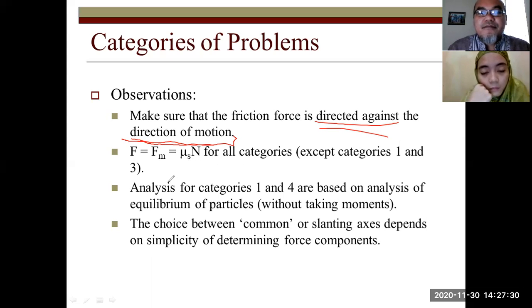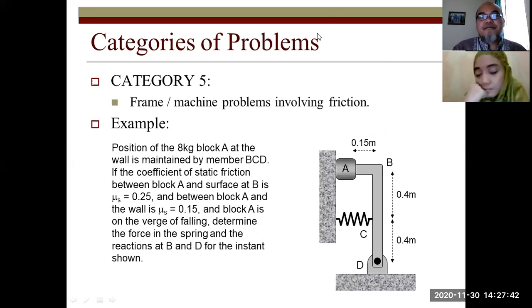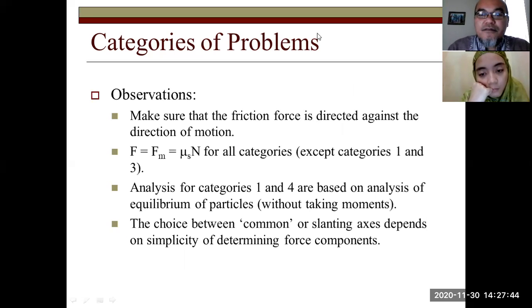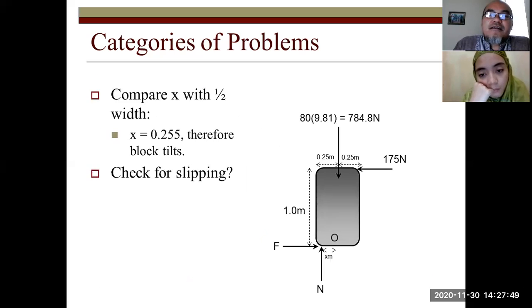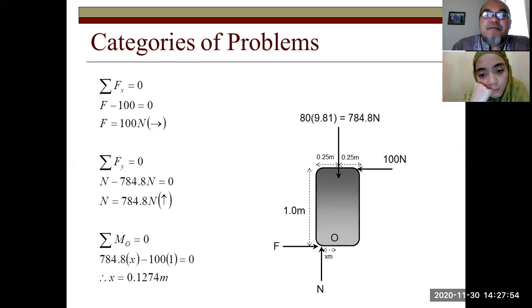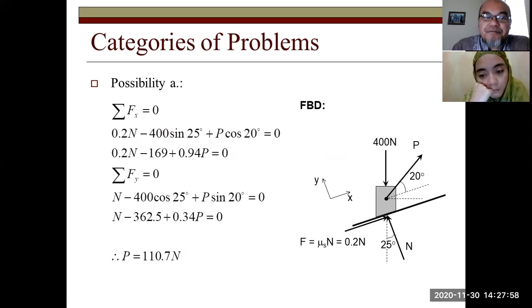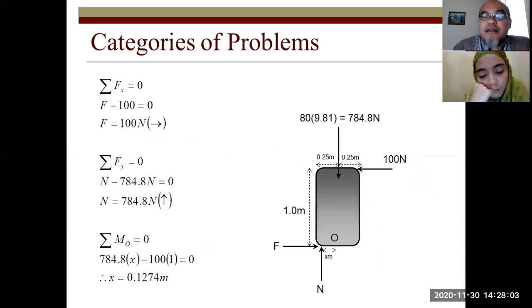Analysis for categories 1 and 4 is based on equilibrium of a particle without taking moments. No need for moments, but when we are doing a category 3 analysis, we need to do it with moment analysis. And for categories 1 and 2, there is no need to incorporate moment because we assume that the block is a particle.